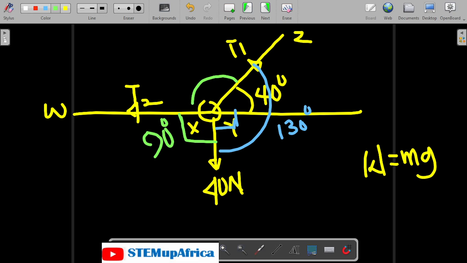So what is now the angle between these two other forces? You know angle at a point is 360. So I have 360 minus 130 minus 90. That will give us 140 degrees. If I apply Lami's theorem, I'm going to have W, this force here, 40 Newton, is proportional to sine of the angle between T1 and T2.